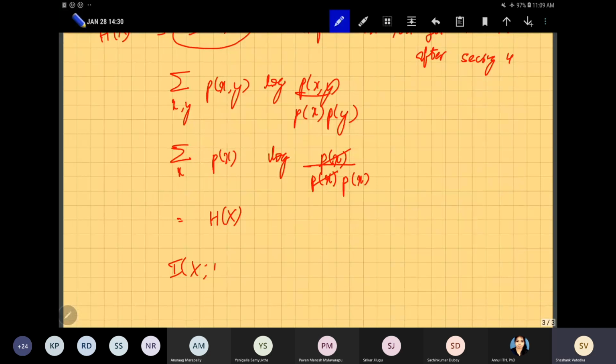That is easily seen from this relation, I of xy equals H of x minus H of x given y, right? So the larger H of x given y is, the smaller I of xy. If H of x given y is small, then I of xy is large, right?